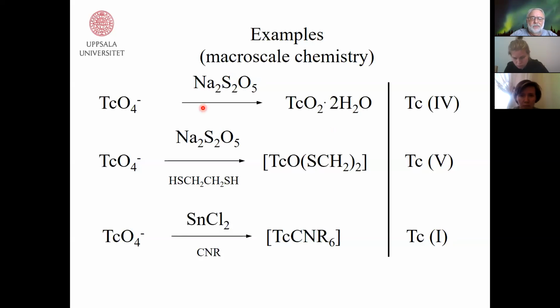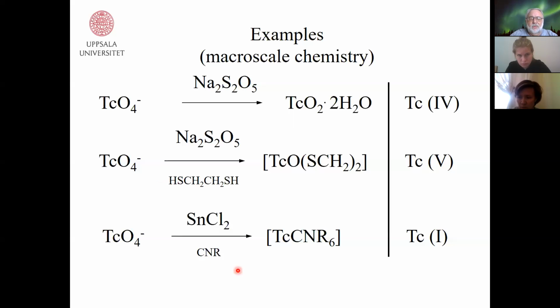However, if you use the same reducing agent, but in the presence of a dithio chelator, technetium would be stabilized in the form of technetium oxo, which has oxidation state of 5. So it's a different compound.